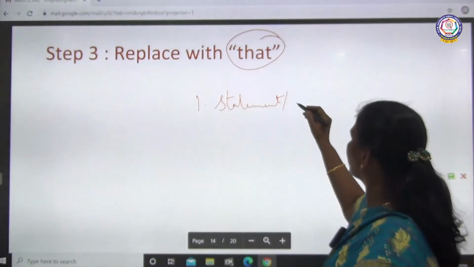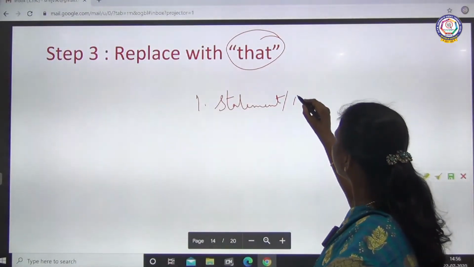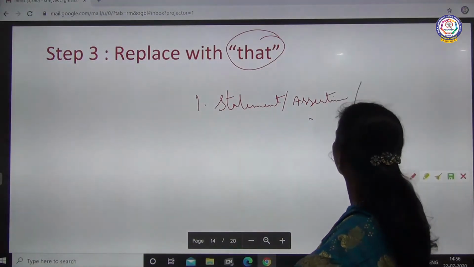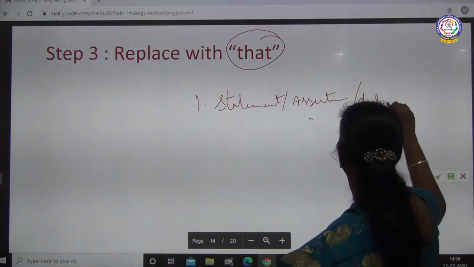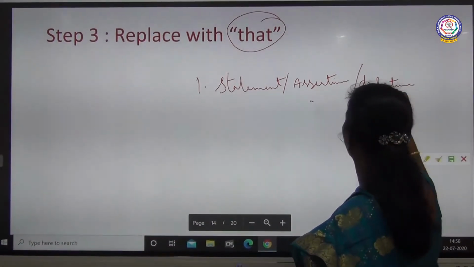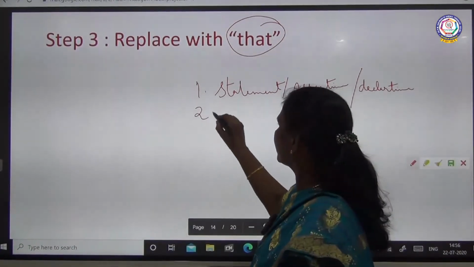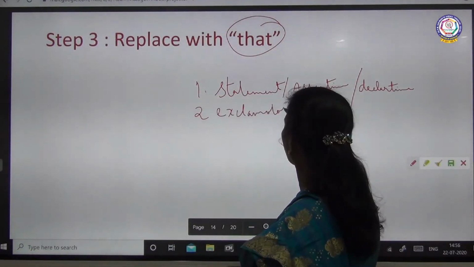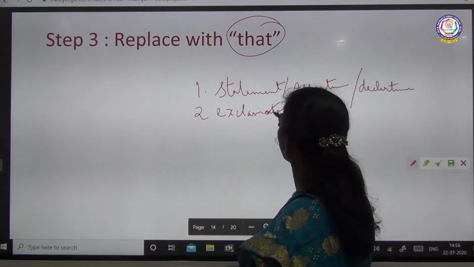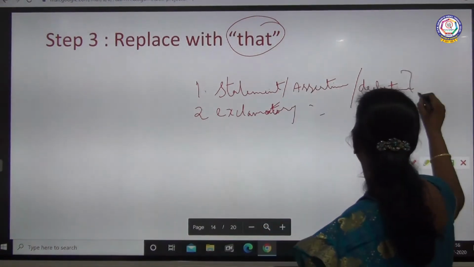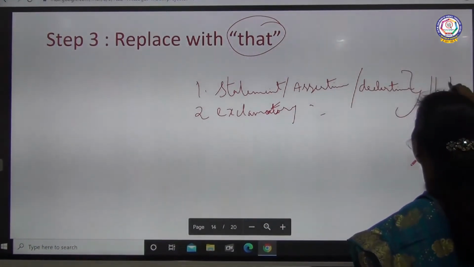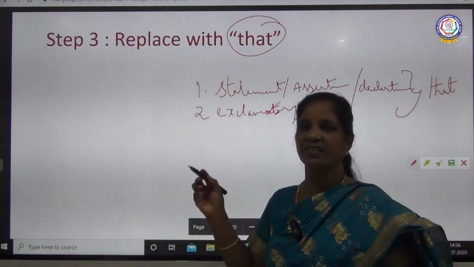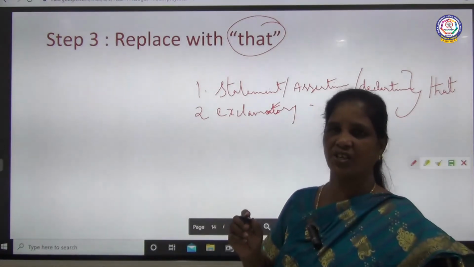So the same way: statement, assertive sentence, declarative, all the three are same only, and this exclamatory sentence. This exclamatory sentence and the statement will have the conjunction that. Is it clear to you? So exclamatory sentence and statement, declarative, assertive, they will be having that as a conjunction.